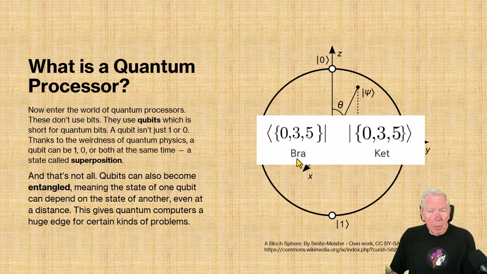Now this is called a bra, and what that means is that the bra is horizontal. The ket, on the other hand, has a pipe symbol, then your vector, and then a right angle bracket. This is called a ket. In this case, it is a vertical vector, not a horizontal vector.